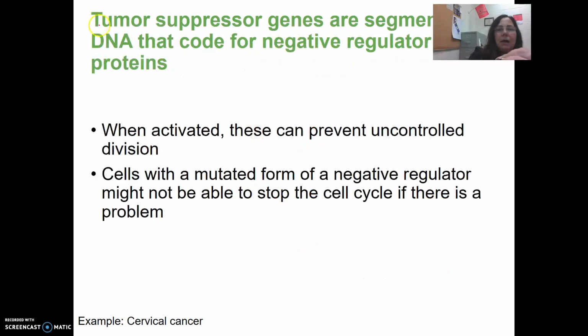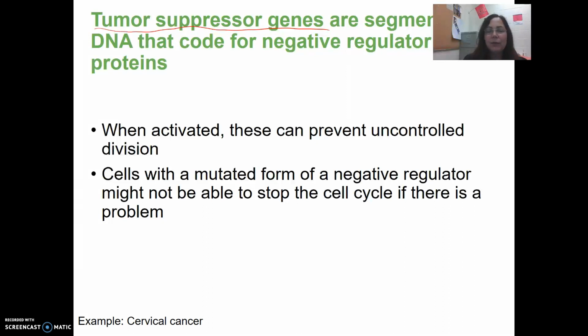There are genes called tumor suppressor genes, and these are genes or segments of DNA that code for negative regulator proteins. So, for example, like RB, retinoblastoma protein. So when these genes are activated, they can prevent uncontrolled division.